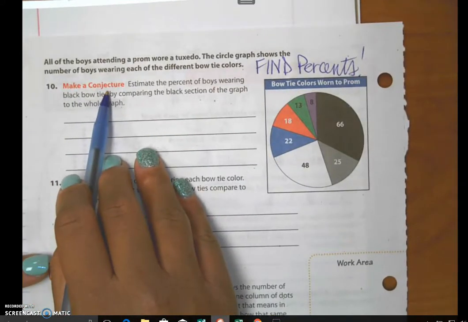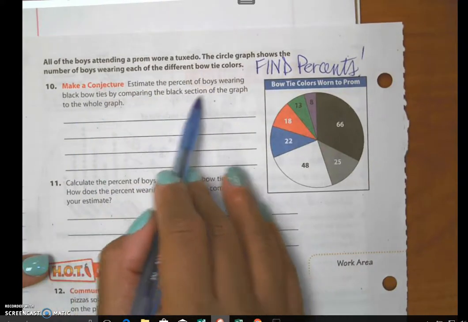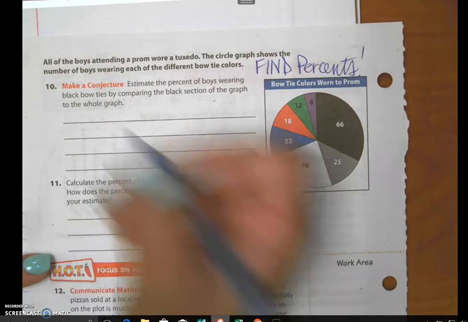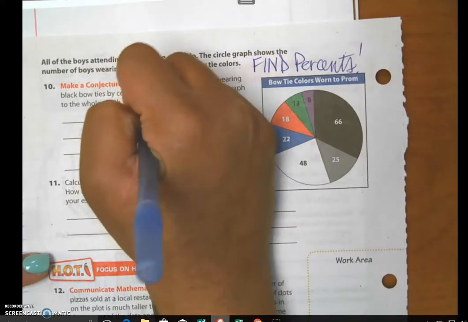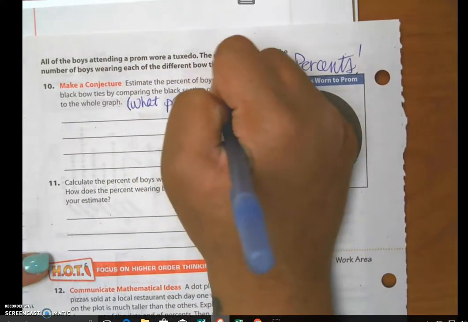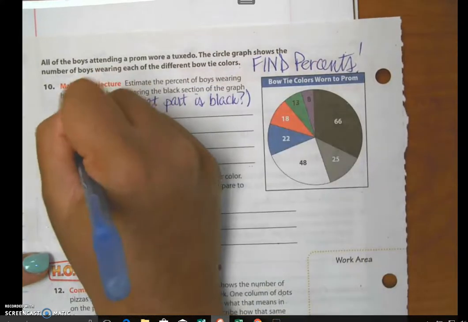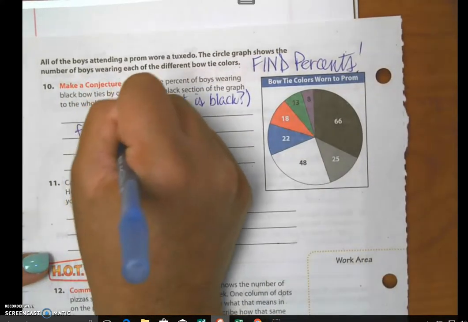That means an estimate, an educated guess, not a silly one. Estimate the percent of boys wearing black bow ties by comparing the black section of the graph to the whole graph. What part is black? Give this in fraction form.